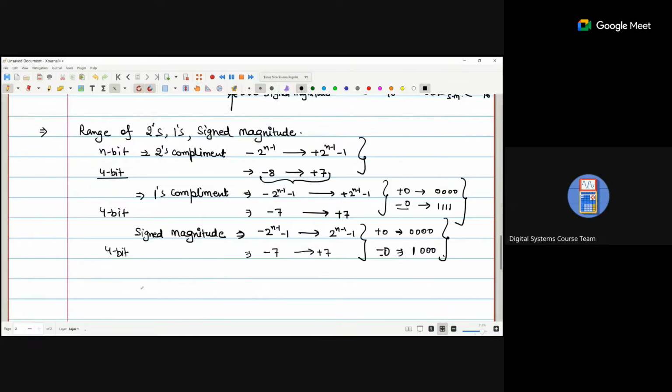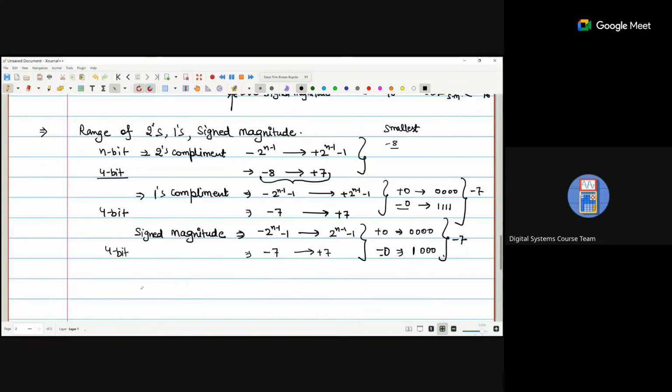So sometimes in the question they ask you the range. Sometimes they ask what is the minimum, the smallest number that can be represented with 4-bit two's complement data. The answer is -8. The smallest number is -8, not -7.